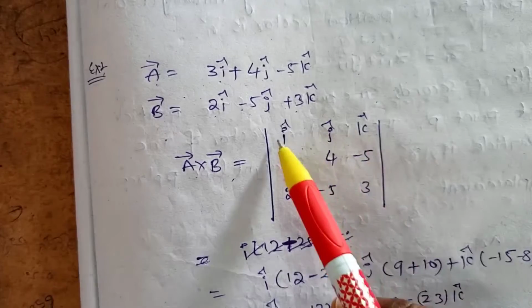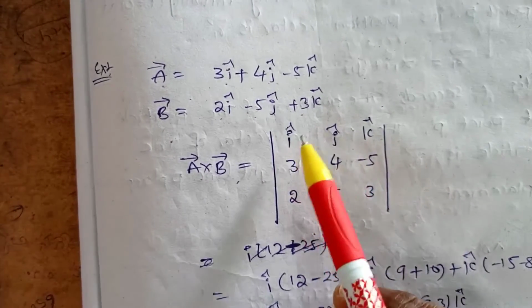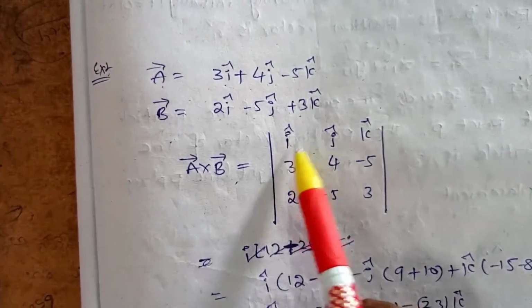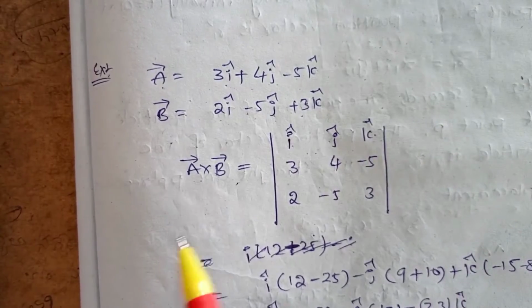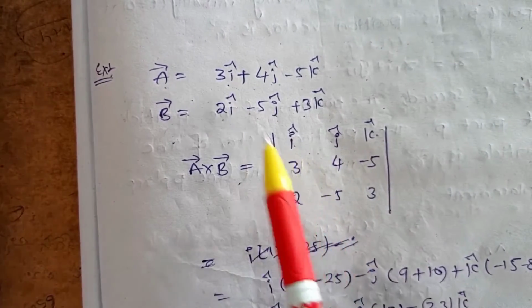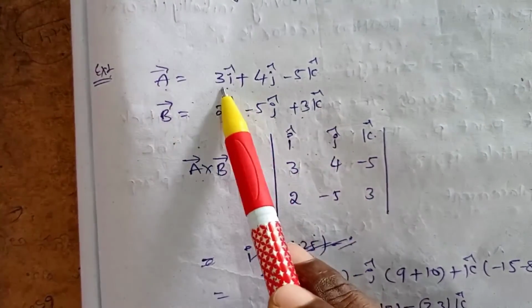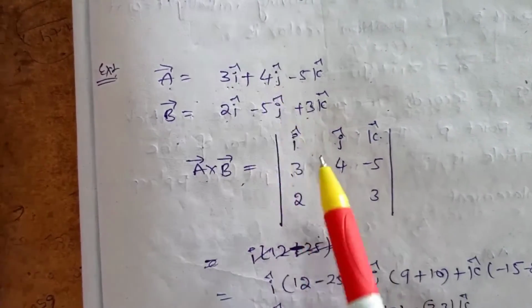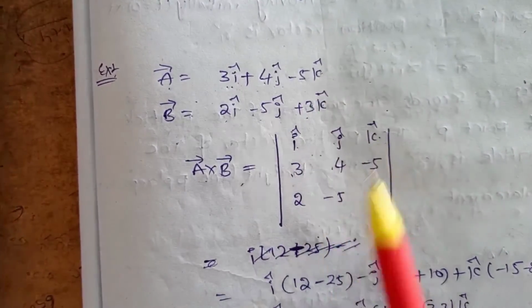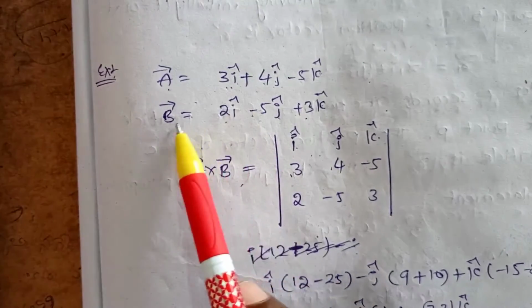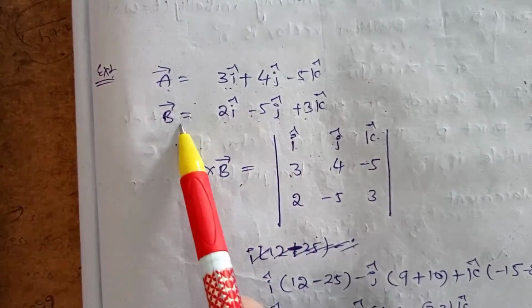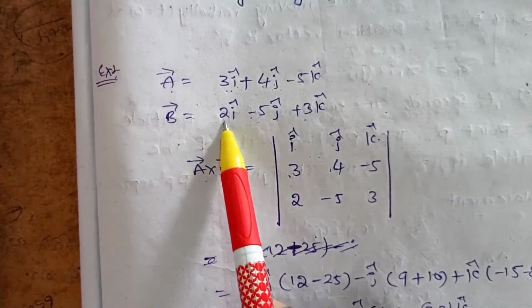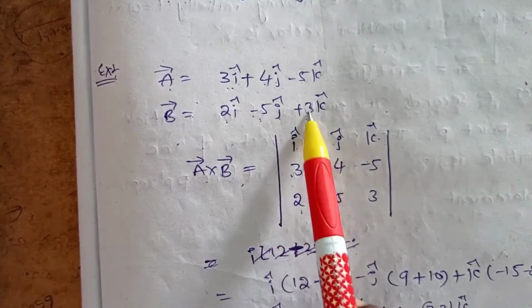First of all, we take the modulus and insert i cap, j cap, k cap. The first row is 3, 4, -5. The second vector B is 2, -5, 3.